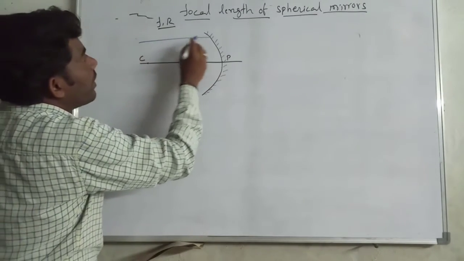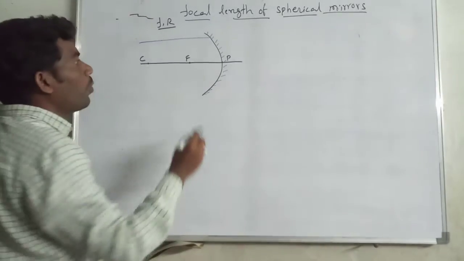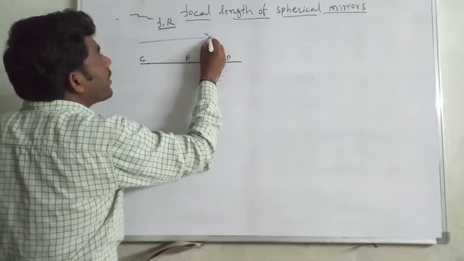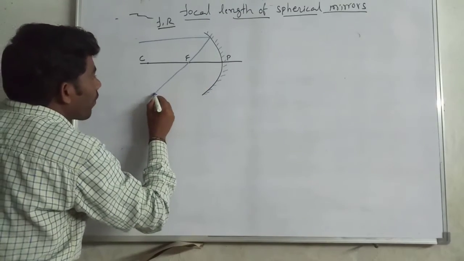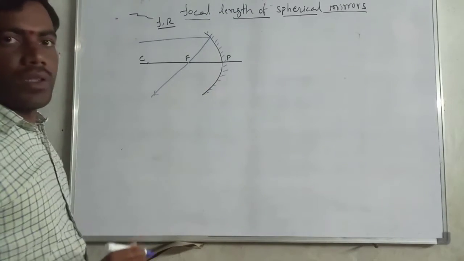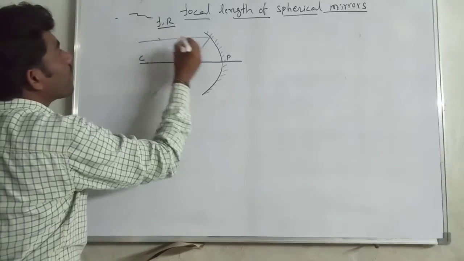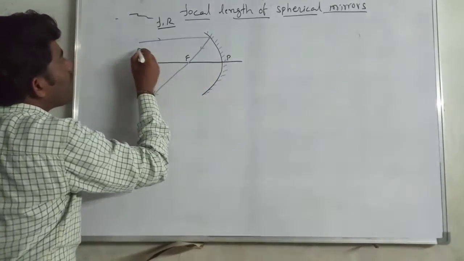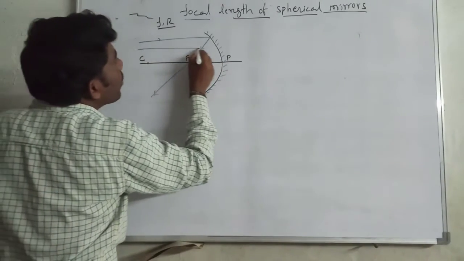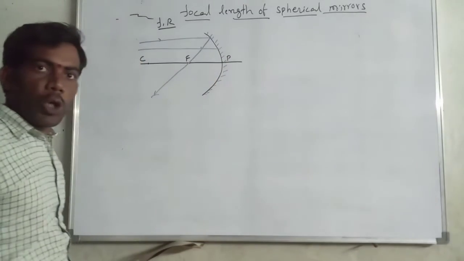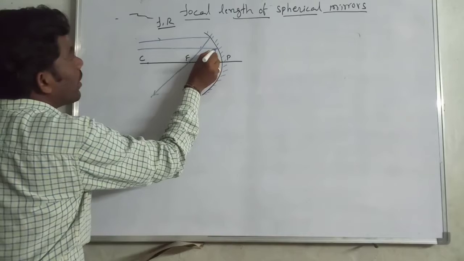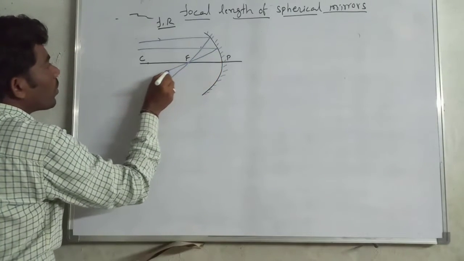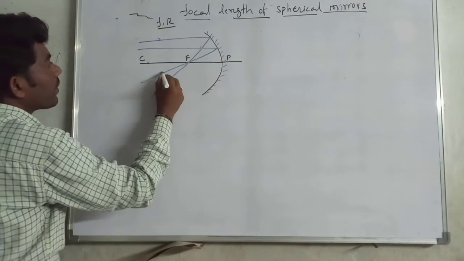The ray incident on the concave mirror, after reflection crosses the F. Another ray also incident on the concave mirror goes like this.